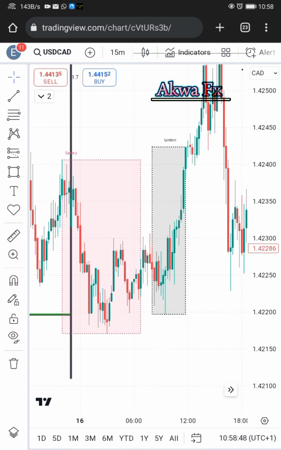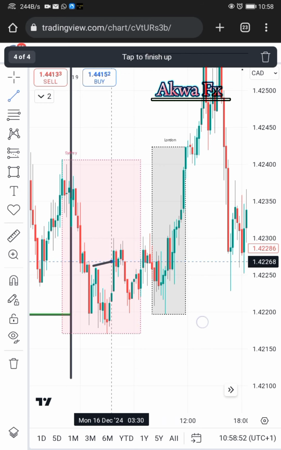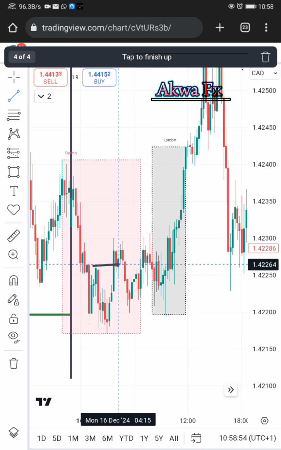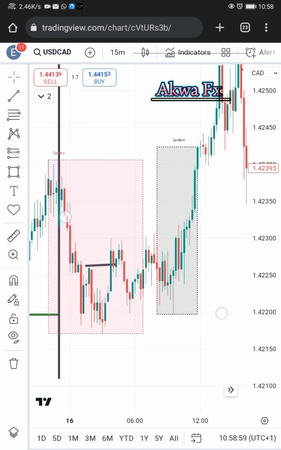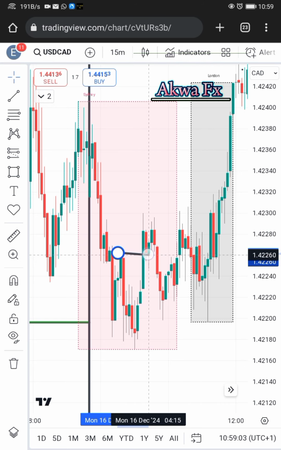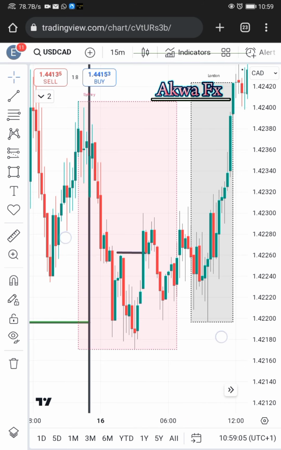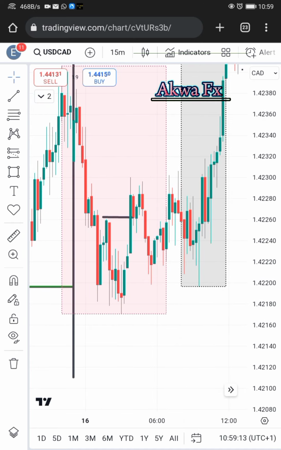Okay, right here we've seen a shift in market structure in this zone. As you can see, as the market came into it, we have a shift in market structure, and you can see this happened during the Asia session. It happens during the Asia session, and we are not going to take our trade right there.